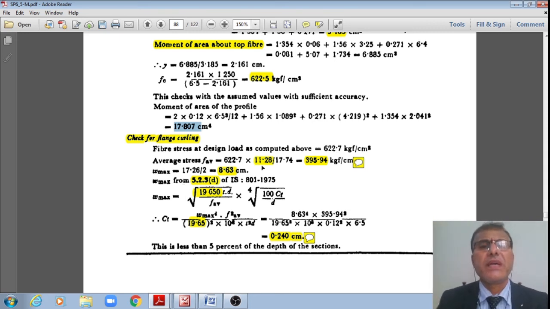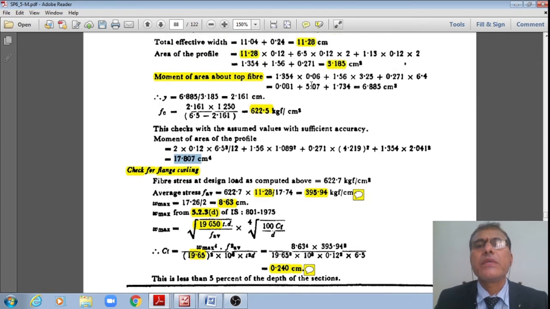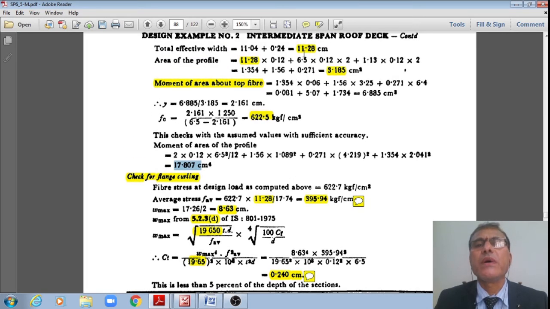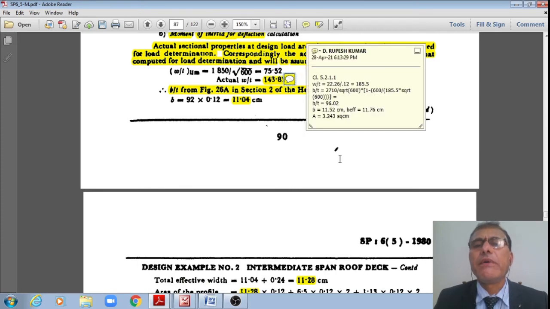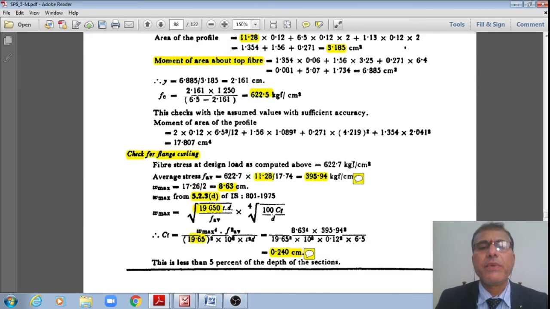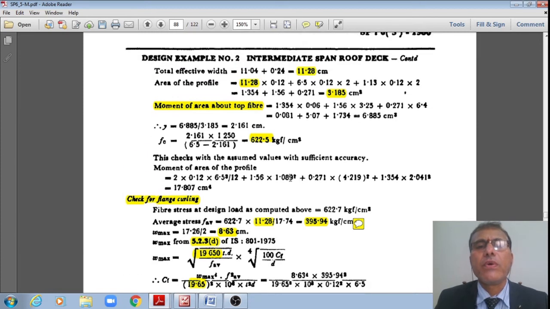Therefore, the fiber stresses at the design load, as we just calculated, is around 622.5 kg per centimeter square, student. Therefore, the average stress is equal to 622.5 multiplied by this area. Just now we have calculated this total effective width of 11.28, right? Actually, as per the exact calculation it is not 11.28, student, it is actually 11.76, divided by this 17.74 original value, right?